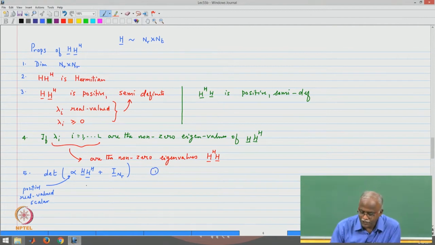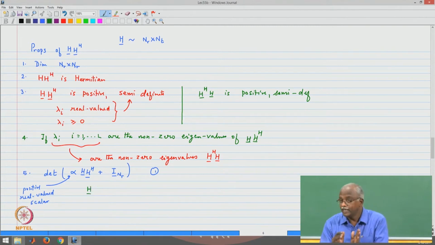I am going to build on this and draw some insights. The first step is to look at the singular value decomposition of H. Again, we are looking at the case where the channel is not known at the transmitter. So, we are trying to understand the property of this expression, not necessarily trying to do pre-coding at the transmitter.